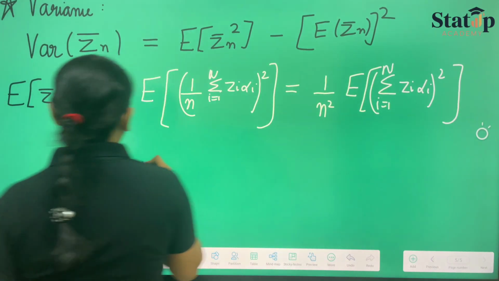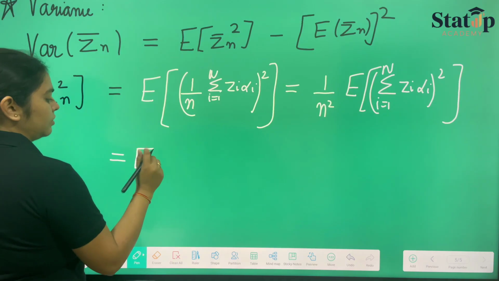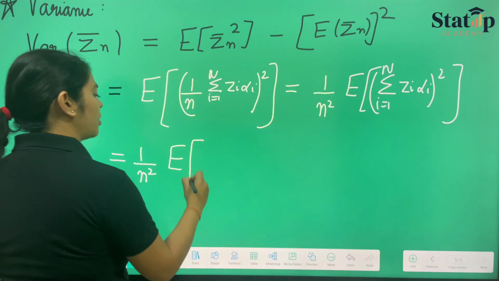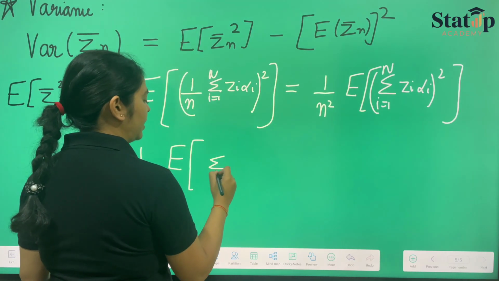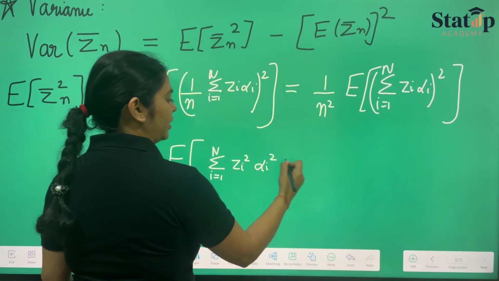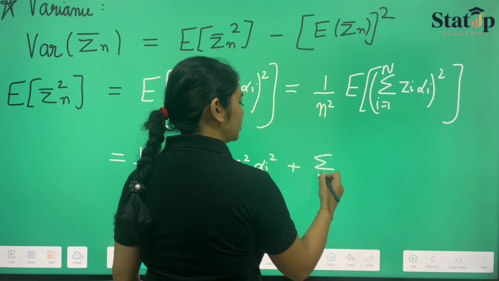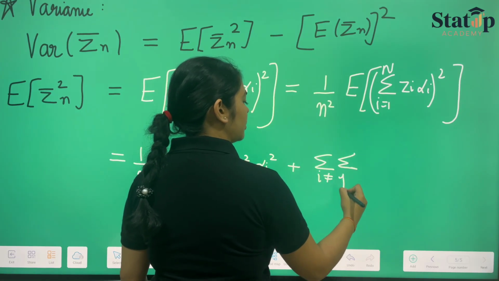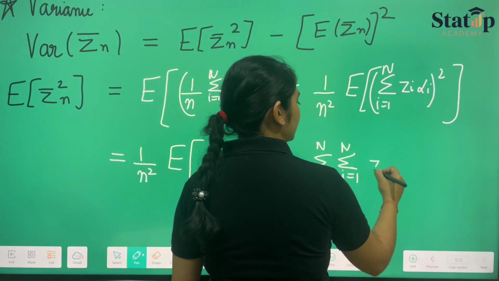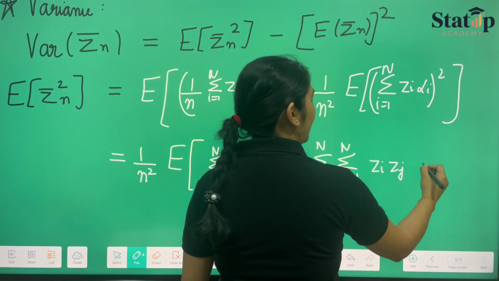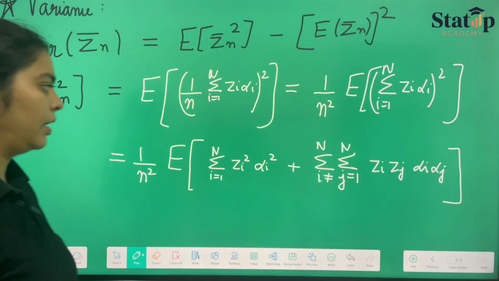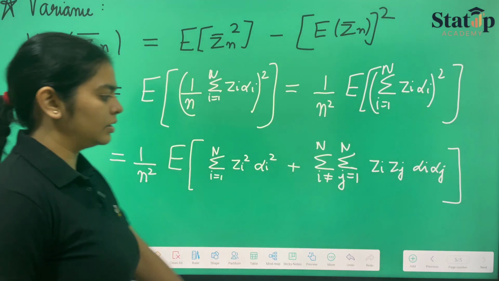Now opening the square term in the expectation, we will be getting 1 upon n square expectation of summation i goes from 1 to n zi square alpha i square plus double summation i not equals to j goes from 1 to n zi zj alpha i alpha j. This removes the square.